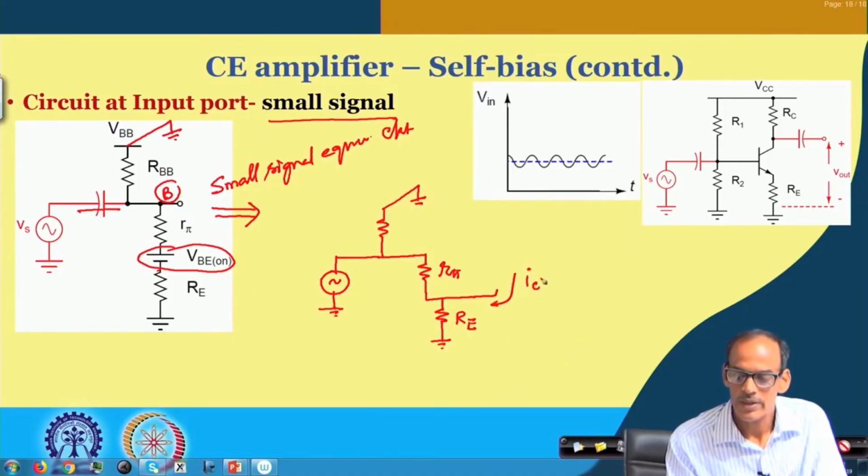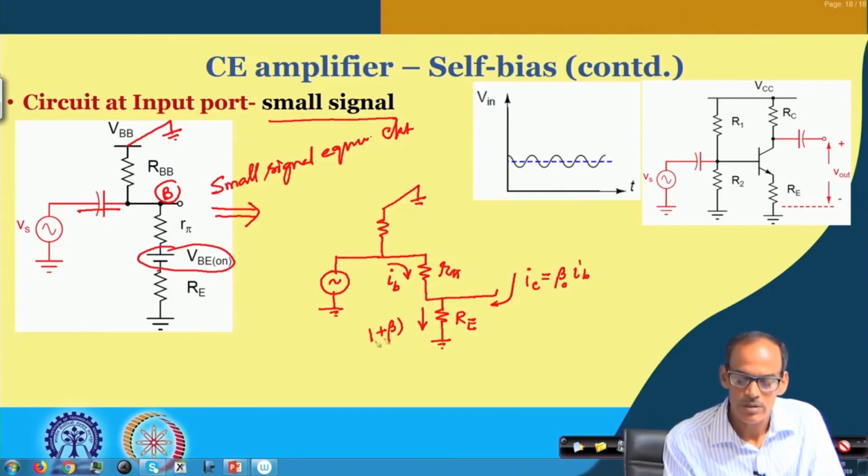So, if I say collector current is IC, that is also flowing through this RE. So, if we have say this current, we do have say small IB. So, this collector current is beta naught times IB. As a result, the current flowing through this circuit is 1 plus beta times IB into RE. So, that is the drop.